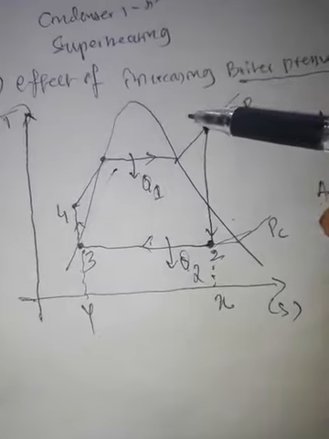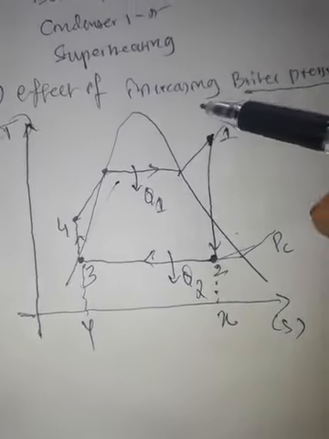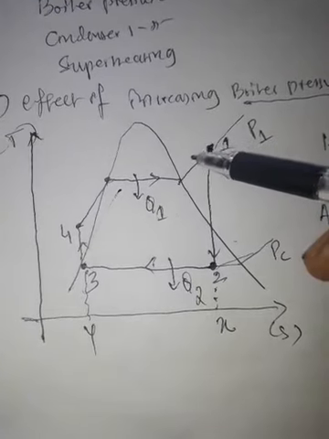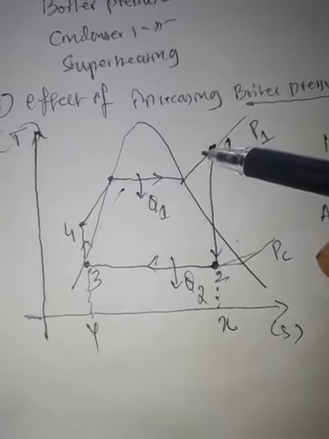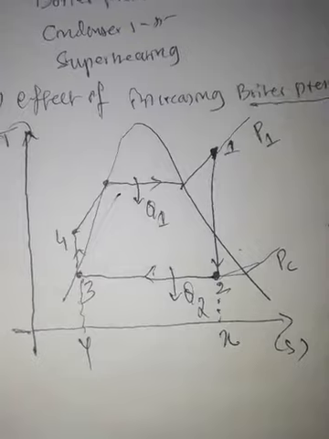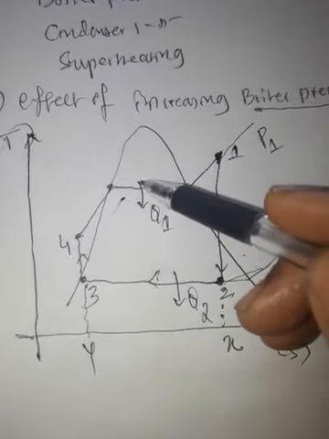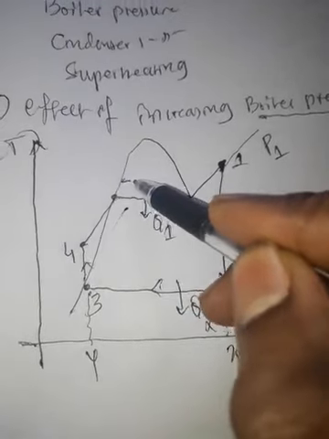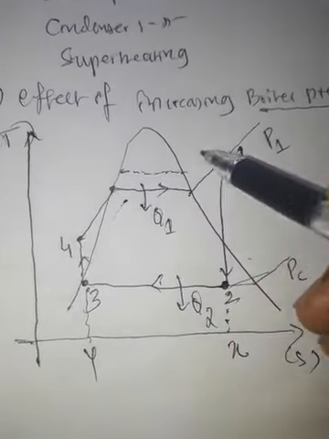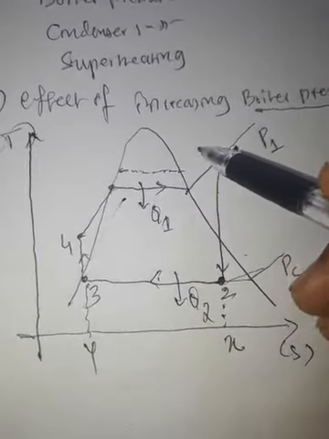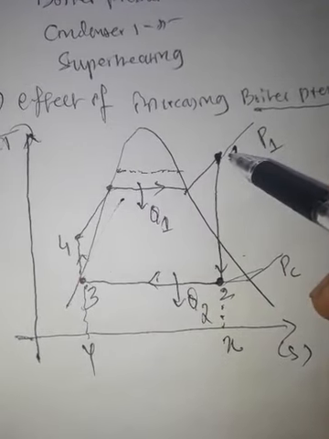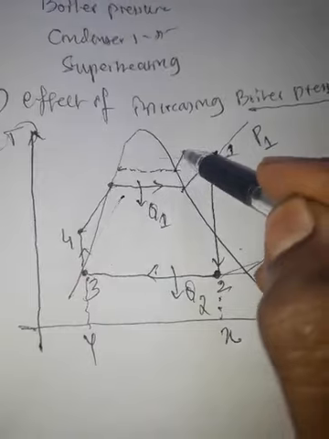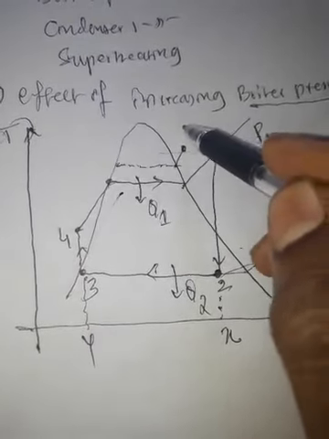Now as per our discussion, boiler pressure has to be increased. I will increase now the boiler pressure to P1 dash. That is, when I increase the pressure the line goes up. This is the new pressure line, but I maintain the same saturation temperature. This is the point 1 dash.